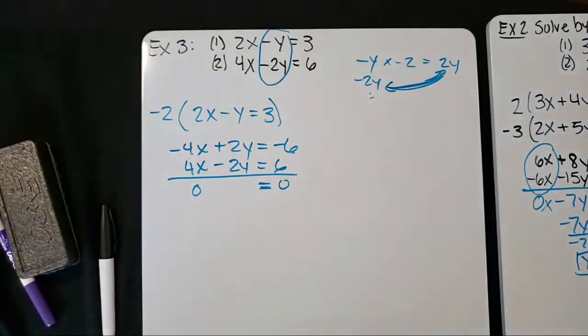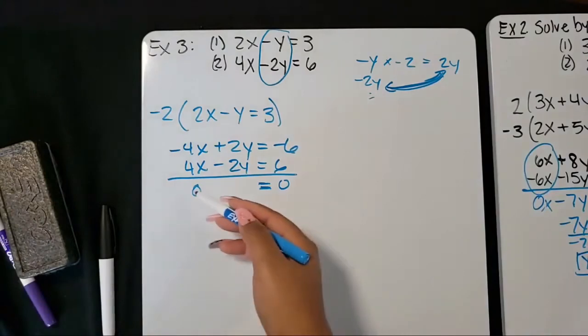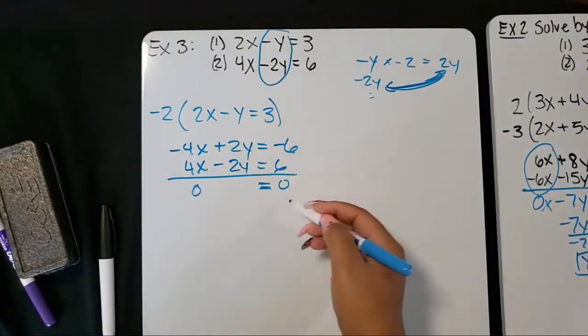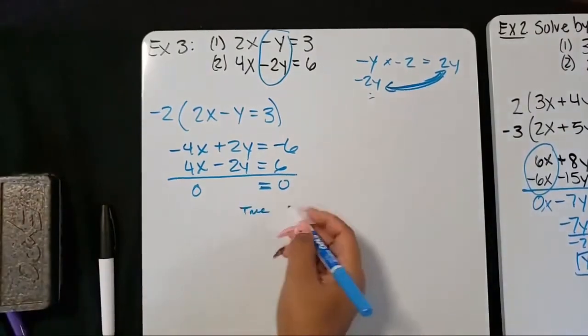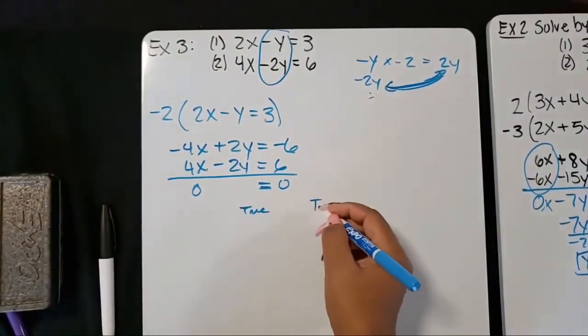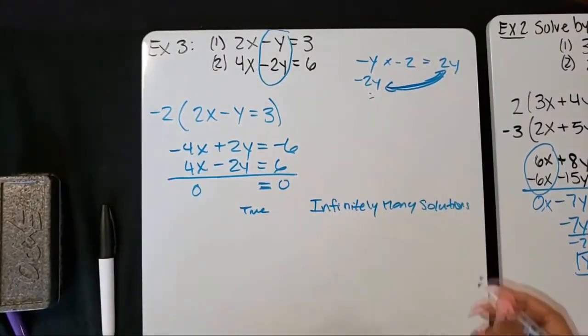So if this happens, what does this mean? And the key thing is 0 does equal 0, so this is a true statement. So because this is true, that means it's infinitely many solutions. Okay?